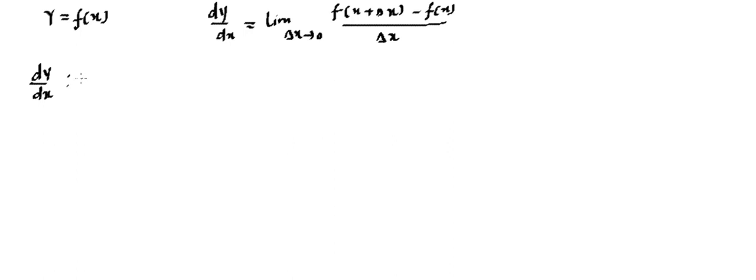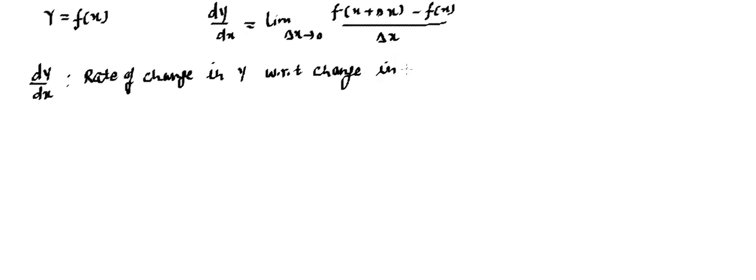And since this is very small, we read it as the rate of change in y with respect to, in short WRT, change in x. So if we are changing x, then how y is changing in this expression or function, that is what dy upon dx tells us.